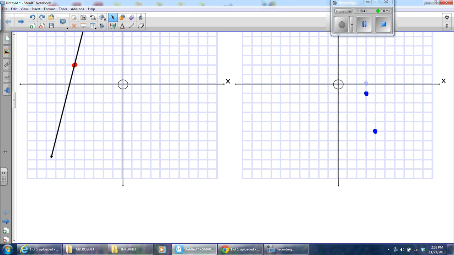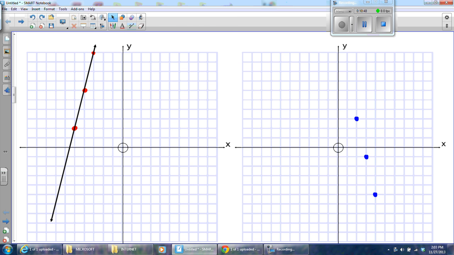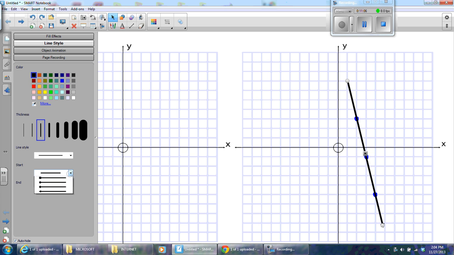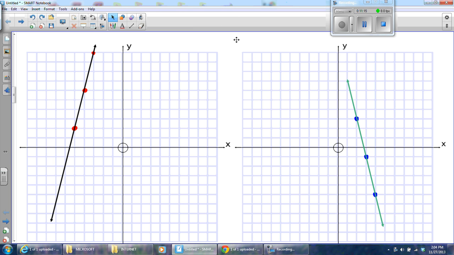Then I'll go up 1, 2, 3, 4, and back 1. And there you go. There's your line. All right. So 1, 2, 3, 4, and back 1. And there it is. That's it.